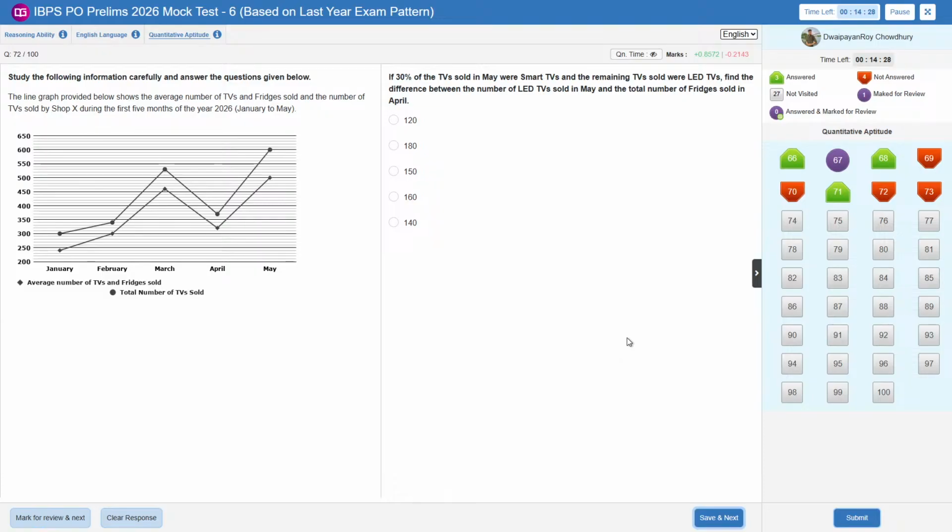So 70 into TV, right? So it's 21. So 371. And the fridges in April 270. So 101. Okay, not in option. TVs in May. Okay, 30% were smart TV, remaining LED. Difference between LED TVs in May and total number of fridges in April.